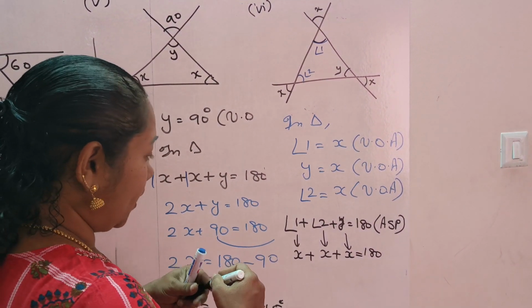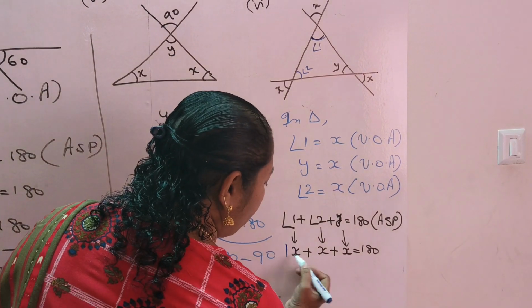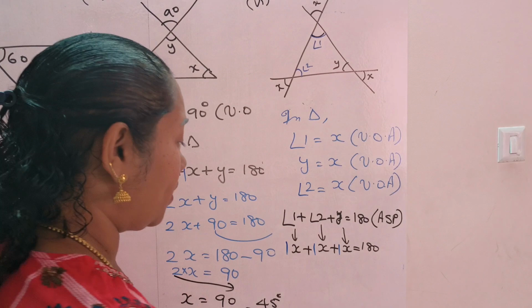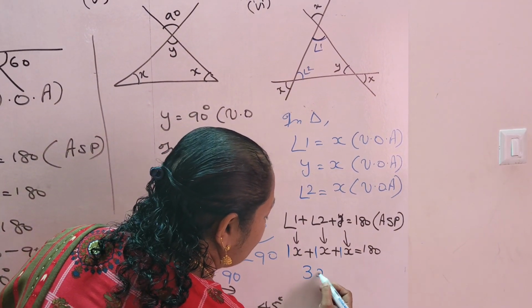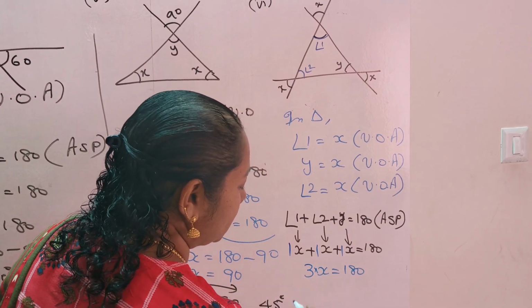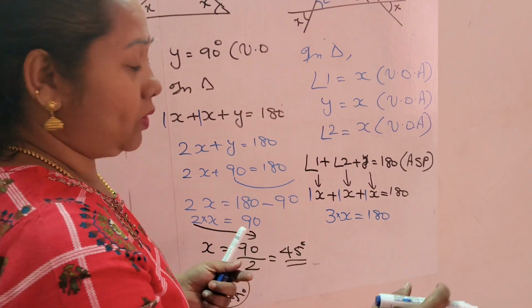Understood? So here in this one, three angles are given. 1 plus 1 plus 1, what is the value? 3. So 3x is equal to 180. Since it is multiplication here, it will cross the equals, make division and go to the denominator.